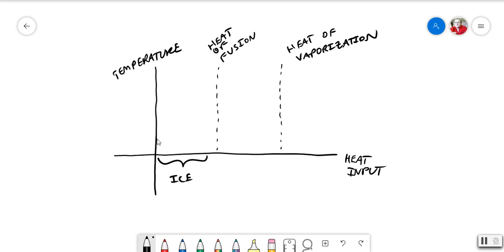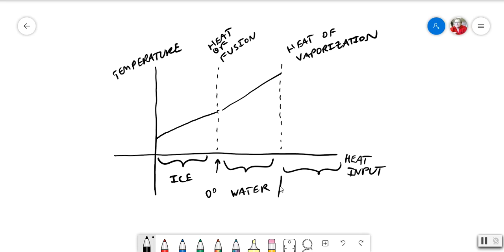Ice has one specific heat. It does one thing when you heat it up. Then at the freezing point or melting point, 0 Celsius, it melts. And then you don't have ice anymore, you have water. Water has a different specific heat, so it behaves differently. Notice how the slope became steeper. Ice heats up faster, water takes longer.